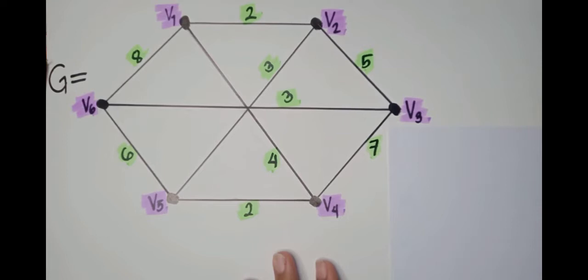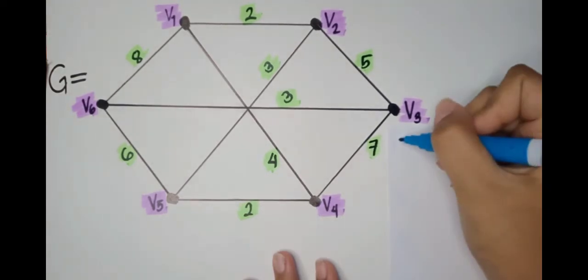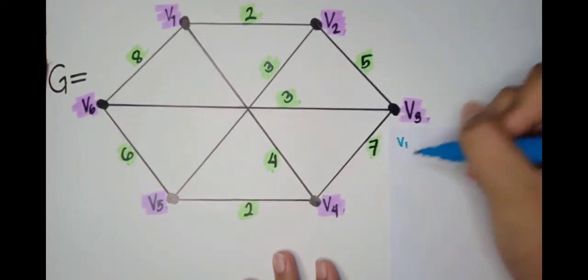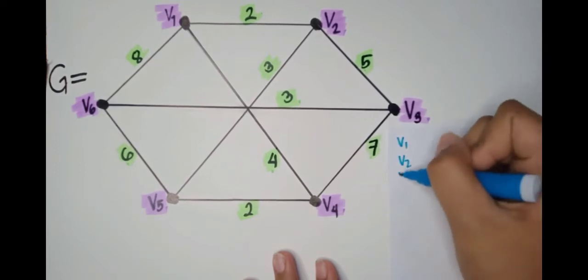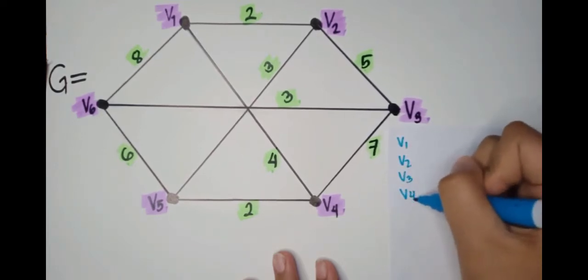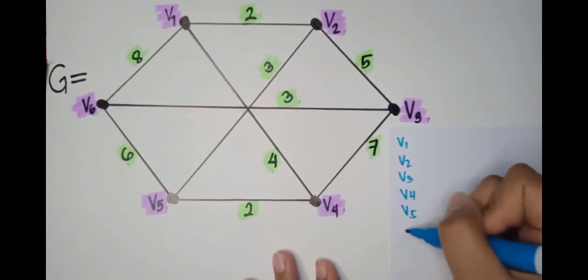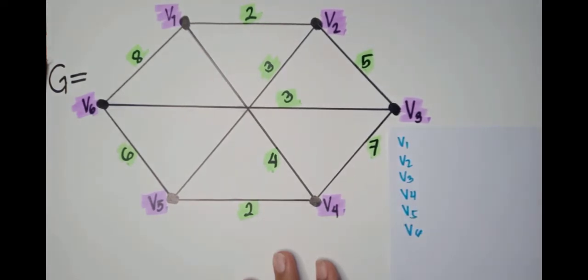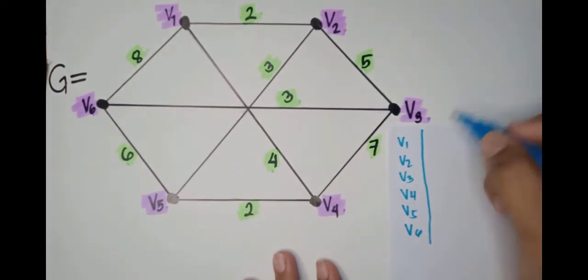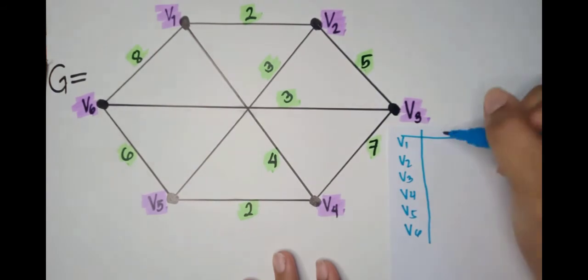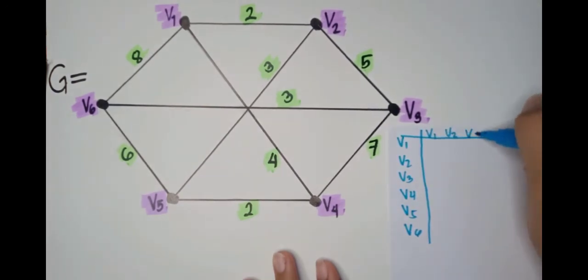So first we're going to make a table. Write V1, V2, V3, V4, V5, and V6 since we have 6 vertices. Next, write V1, V2, V3, V4, V5, and V6.